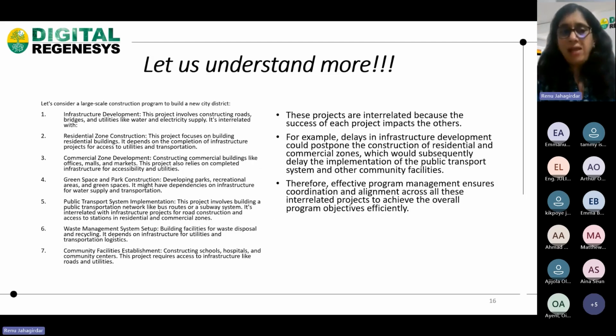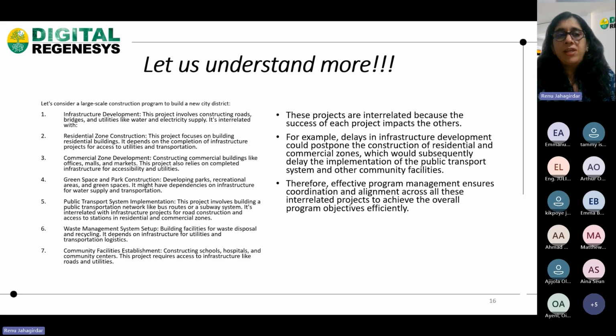I just want you to read this as an example, so I will not of course read the slide, but I thought I must give you this. Say, for example, we are in a large scale construction company and we want a program management approach. So what do we do?